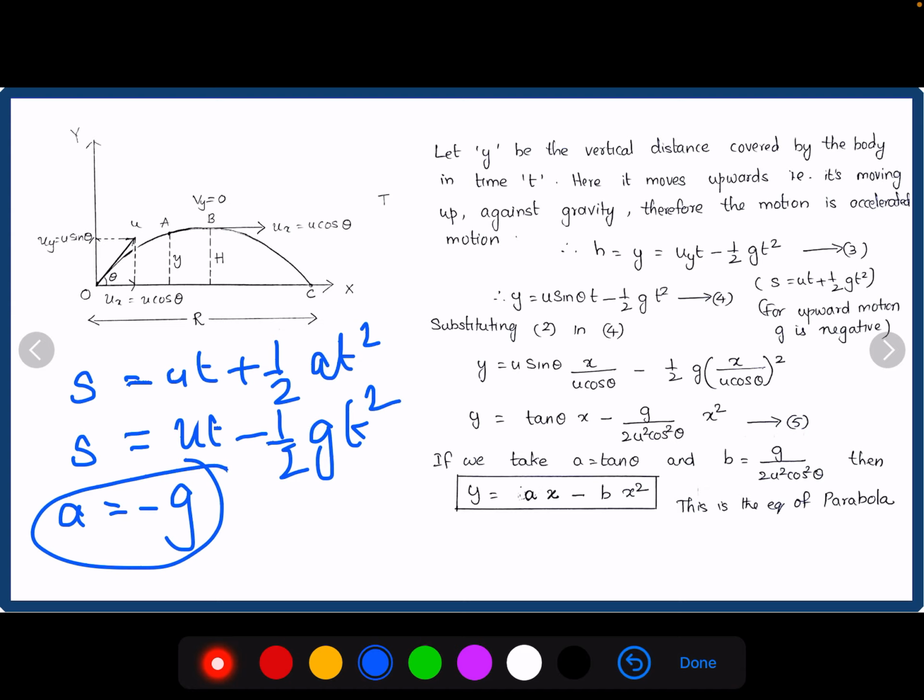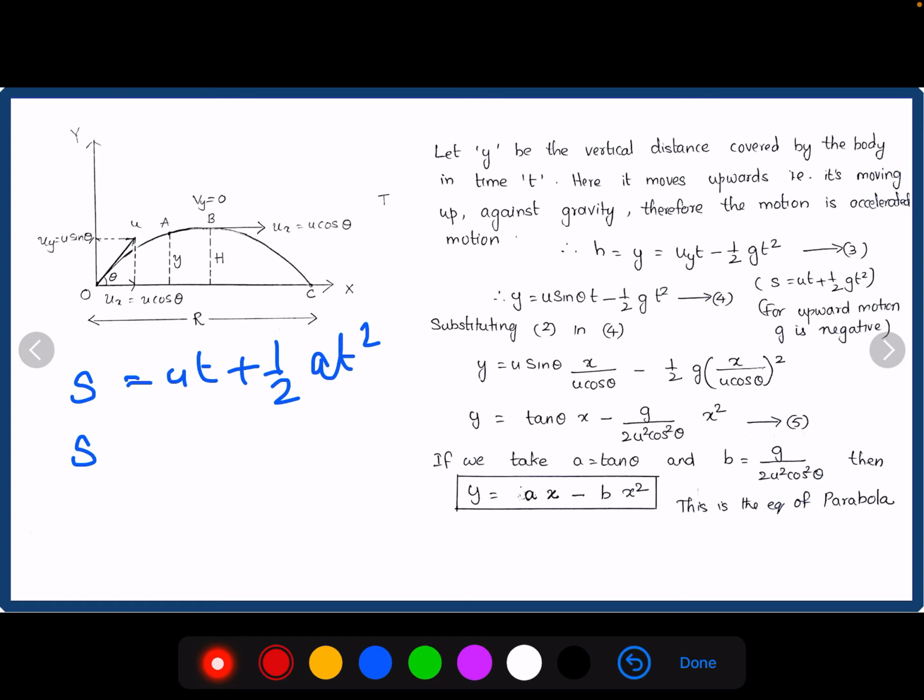Taking that into consideration, S means height, which is y in this case. The velocity u is uy in this case. T is the time taken, minus half gt square.